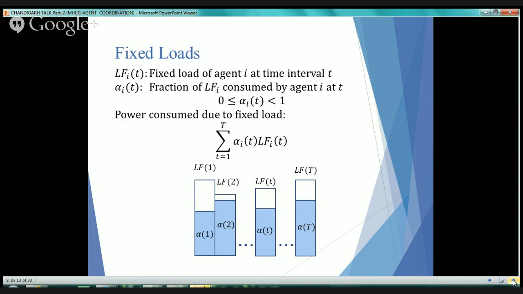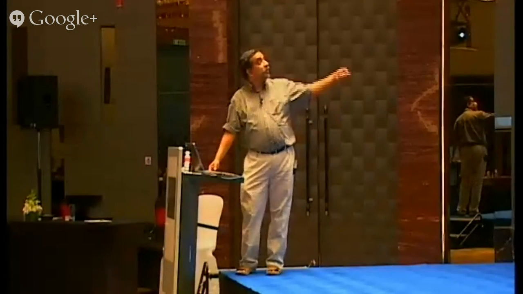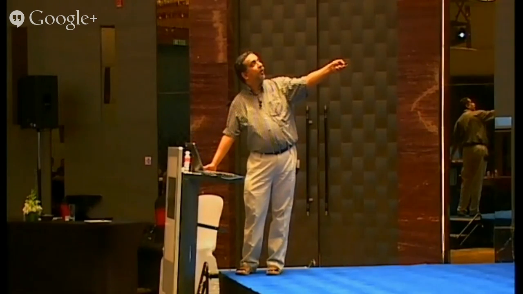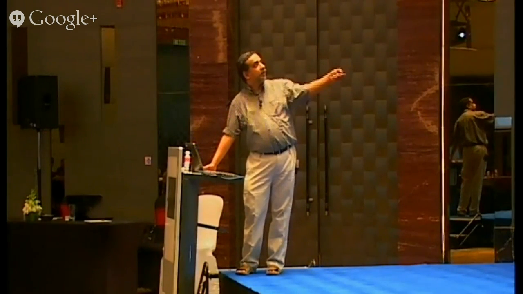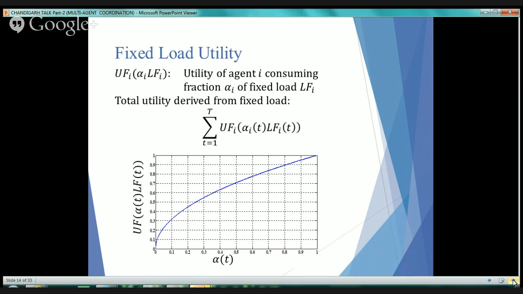But from 50% light to 100% light, you get a little satisfaction. So it's basic economics, and that's why we have chosen a curve like this. By the way, this is the summation of U_F,i of alpha_i,t times LF_i,t, summed over all time instances. This is the total utility derived from the fixed load, summed over all possible time instances.